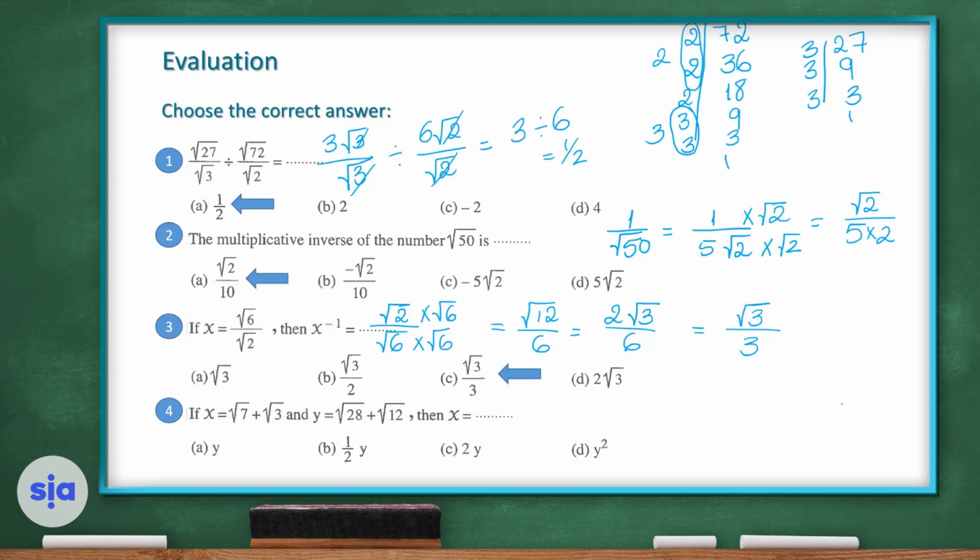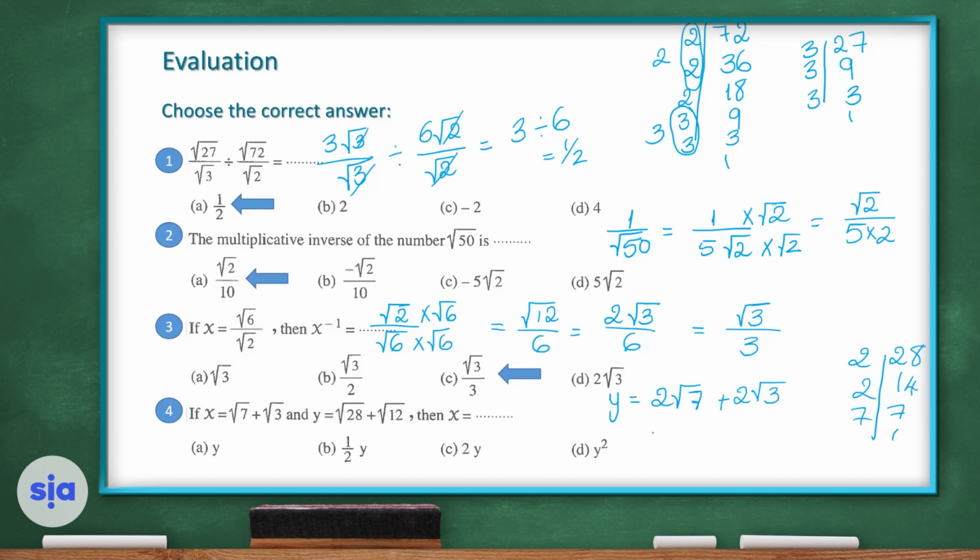So if we simplify y, you will see that square root of 28, if we make a prime factorization of 28, divided by 2 is 14, divided by 2 is 7, divided by 7 is 1, then y equals 2 square root of 7 plus, if you simplify square root of 12 that we already did in the previous question, it will be 2 square root of 3.